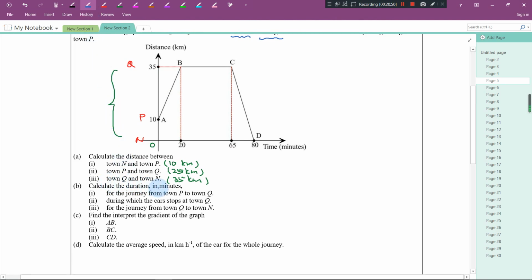Calculate the durations in minutes. So this is minutes, this is kilometers. The duration in minutes for the journey from town P to town Q, which is here. How many minutes? 20 minutes, right? This is 20 minutes.